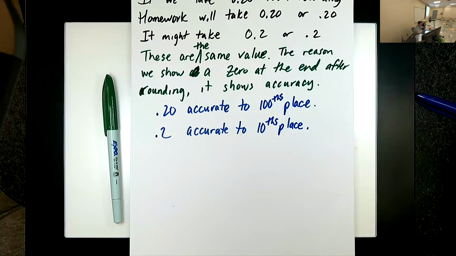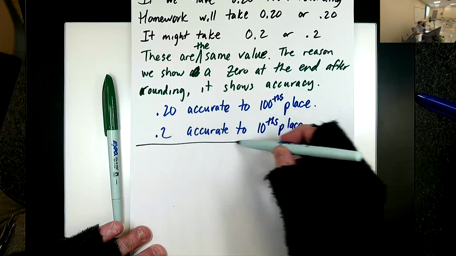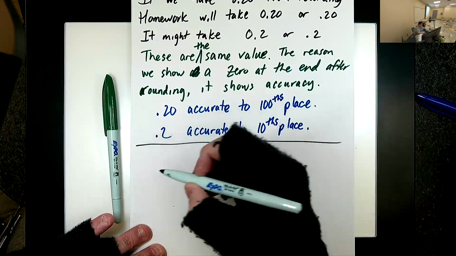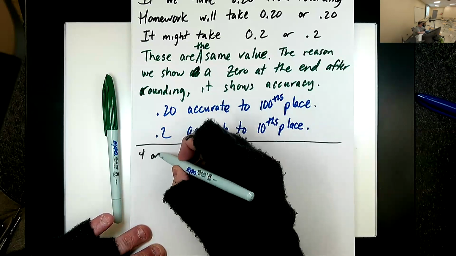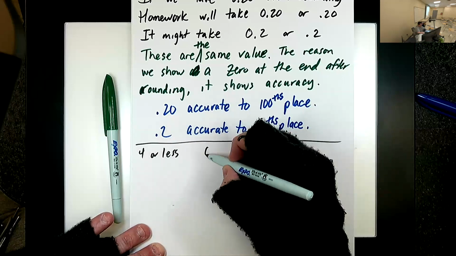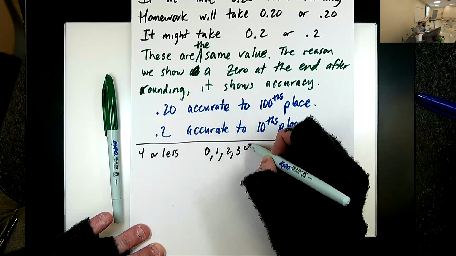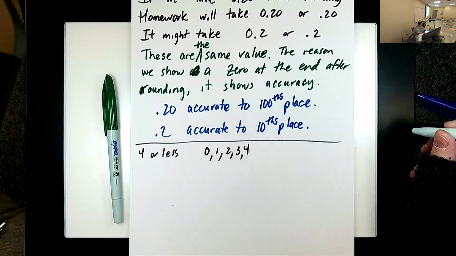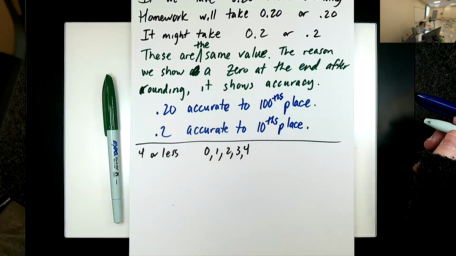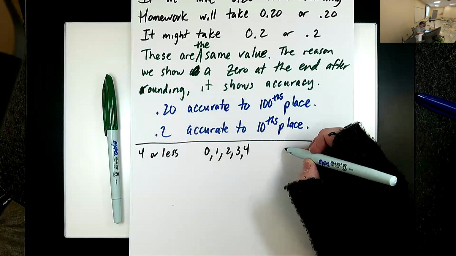Now, let's go back and look at those two categories we had. We had 4 or less: 0, 1, 2, 3, and 4. There are a couple other ways to write this. I could say that the number is less than 5.